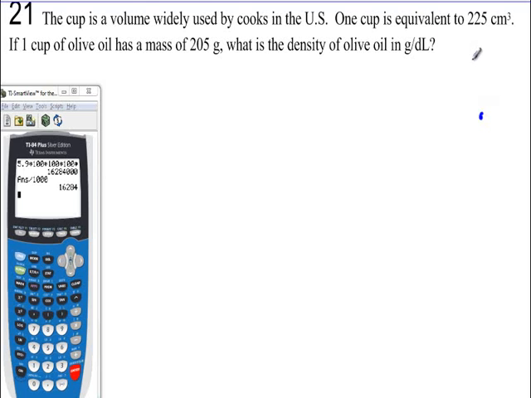Okay, anyway, so here I have centimeters cubed, and I've got deciliters here. So let's just start. Let's convert this 225 centimeters cubed to deciliters so that I can use my density information. So if I have 225 centimeters cubed, what I know is 1 centimeters cubed is 1 milliliter, right?